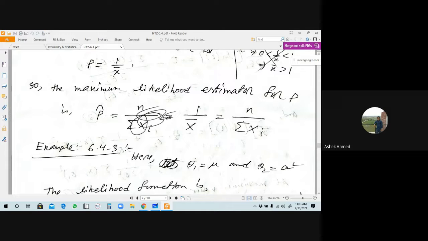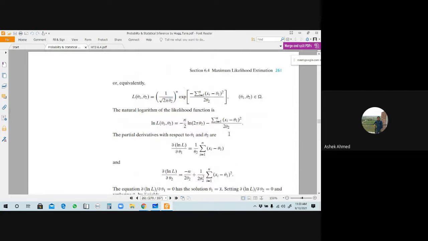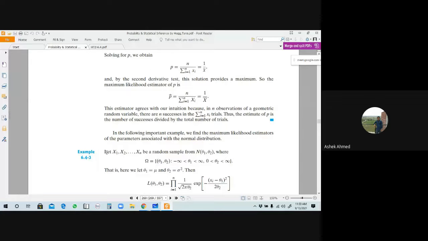Now we will see the next example. In example 3, the values x1, x2 up to xn are a random sample from N of theta 1 comma theta 2. What do you mean by this?